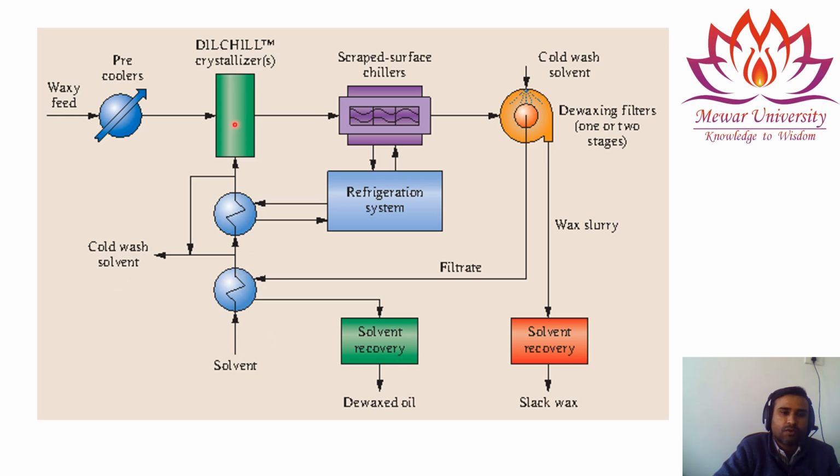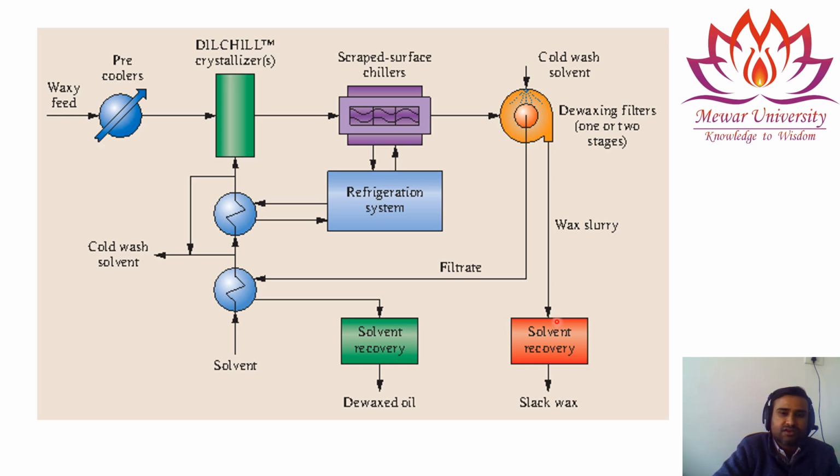After the cold wash, this is a scraped surface chiller, which again reduces the temperature, and the oil that includes the waxes deposits here. It is then further processed in the solvent recovery process, where we use a solvent like MEK.